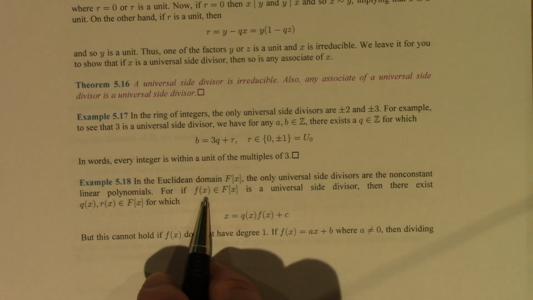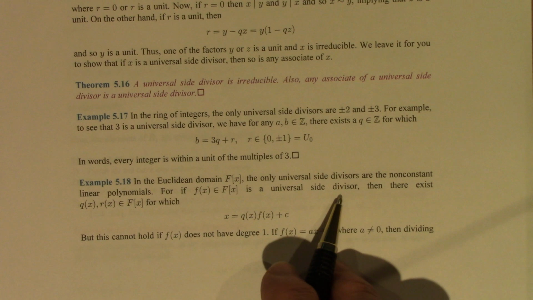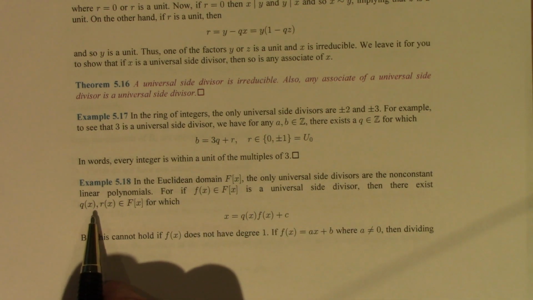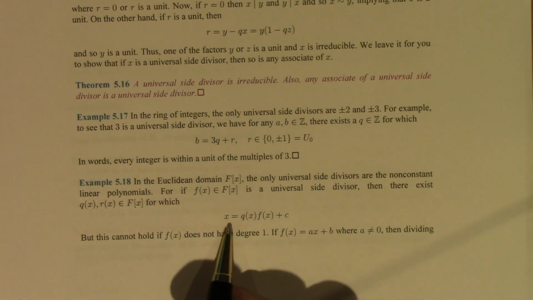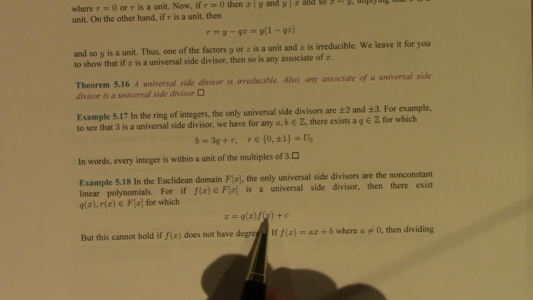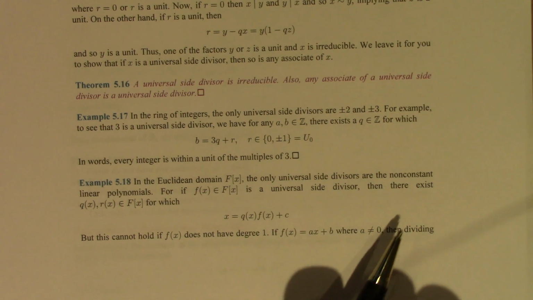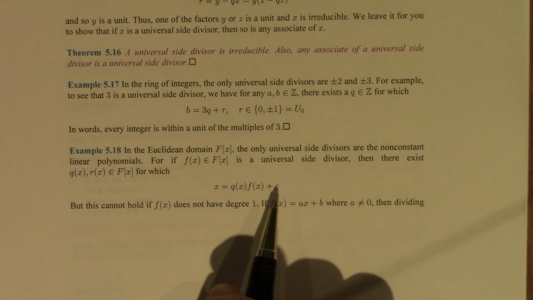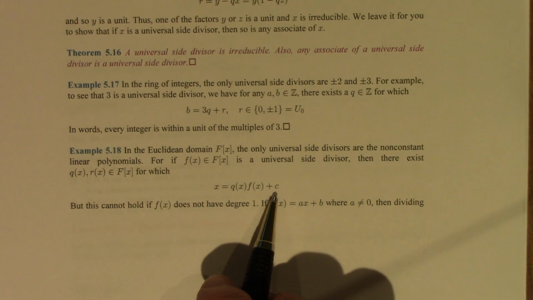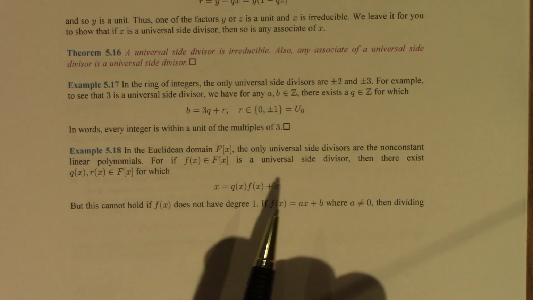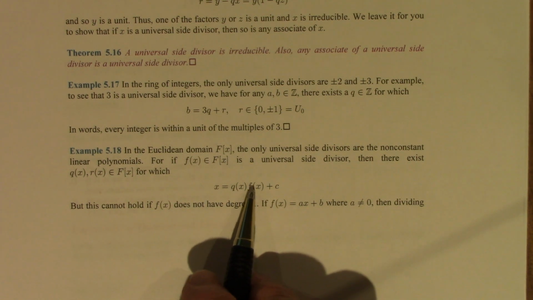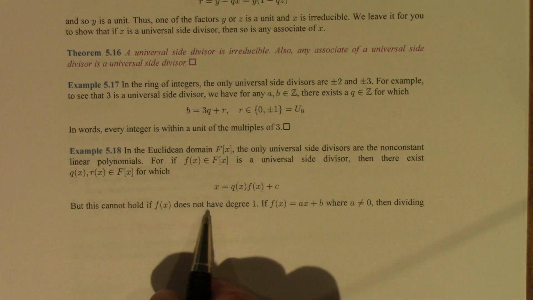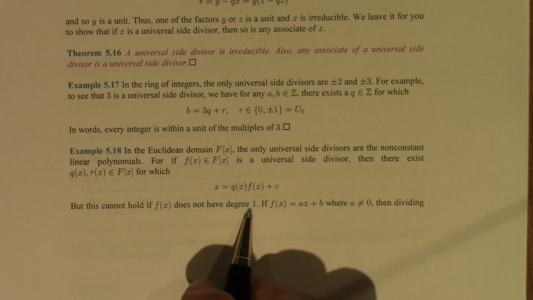For if little f of x is a universal side divisor, then there are polynomials q of x and r of x for which x equals q of x times f of x plus something that's either 0 or a unit, in other words, a constant. But this can't hold unless f of x has degree 1.